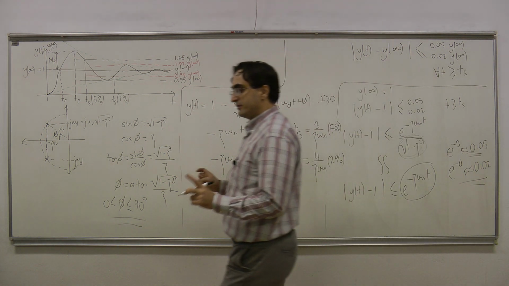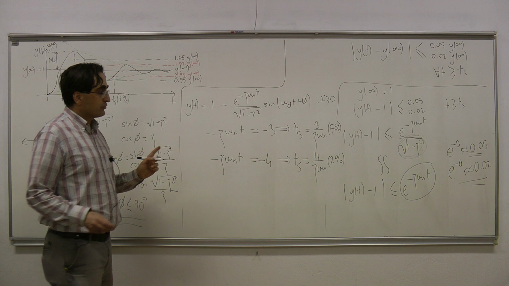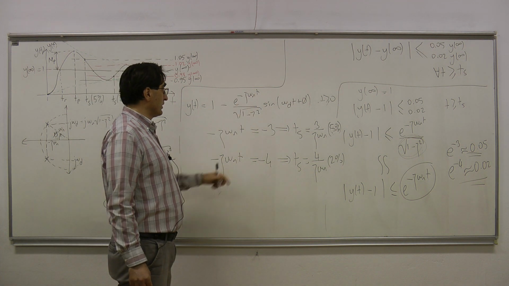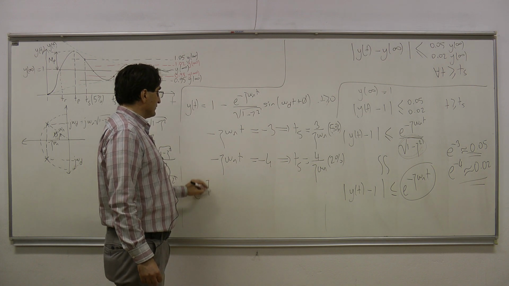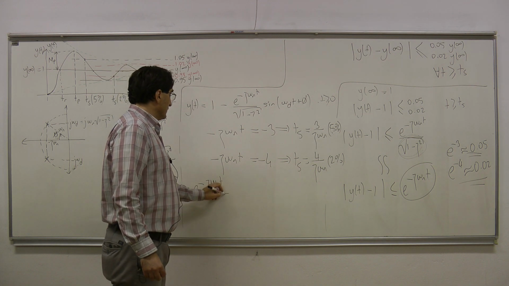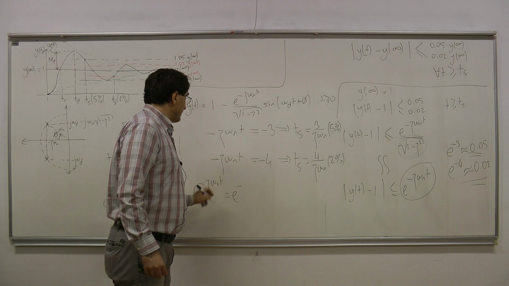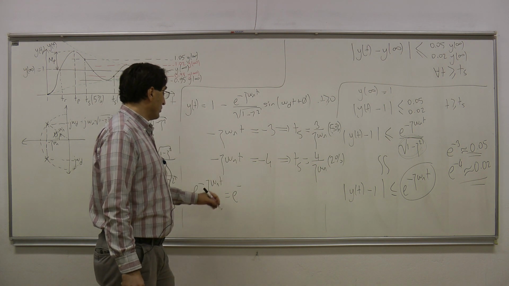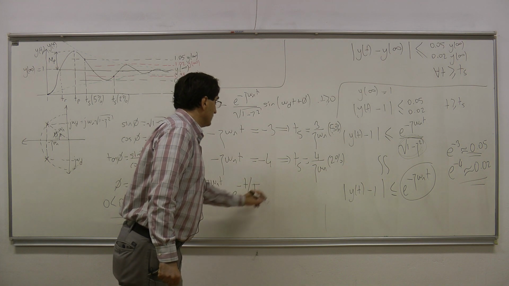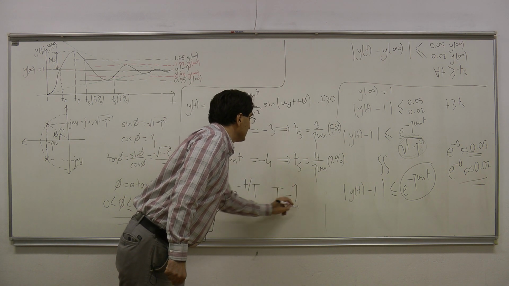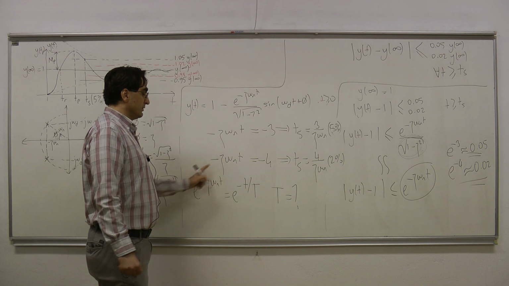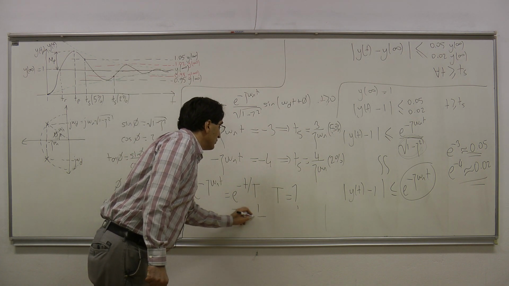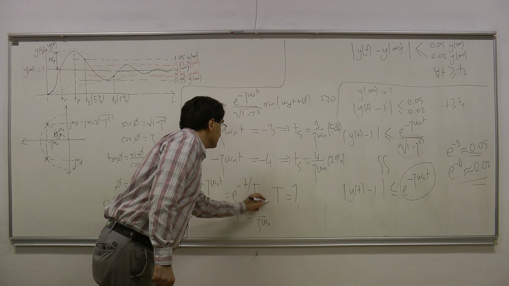And what are these numbers? Let us try to understand. In the response, I have a decaying exponential, e to the minus psi omega n t. If I try to find the time constant of that exponential, capital T, you would see that T is equal to 1 over psi omega n.